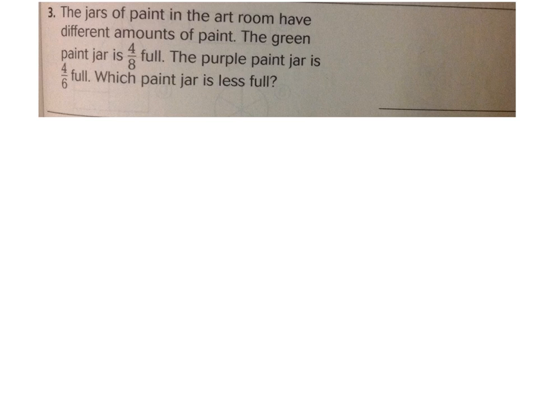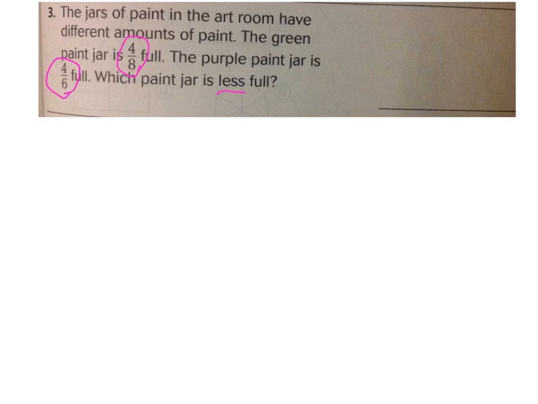Problem number 3. The jars of paint in the art room have different amounts of paint. The green paint jar is 4/8 full. The purple paint jar is 4/6 full. Which paint jar is less full? This time we will be using our 1/8 fraction strips and our 1/6 fraction strips.